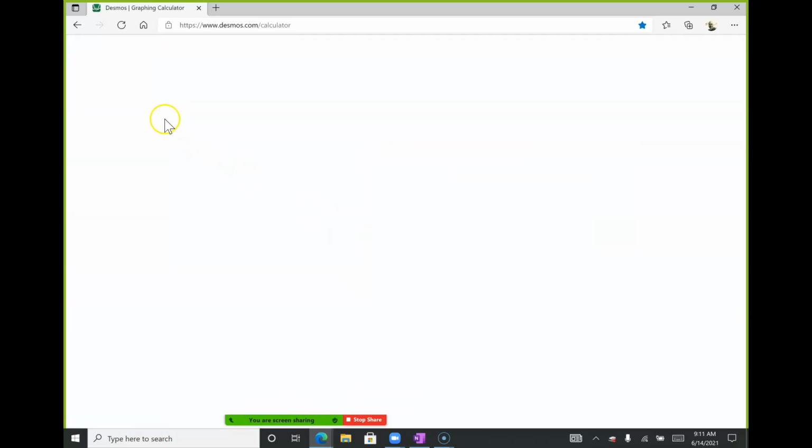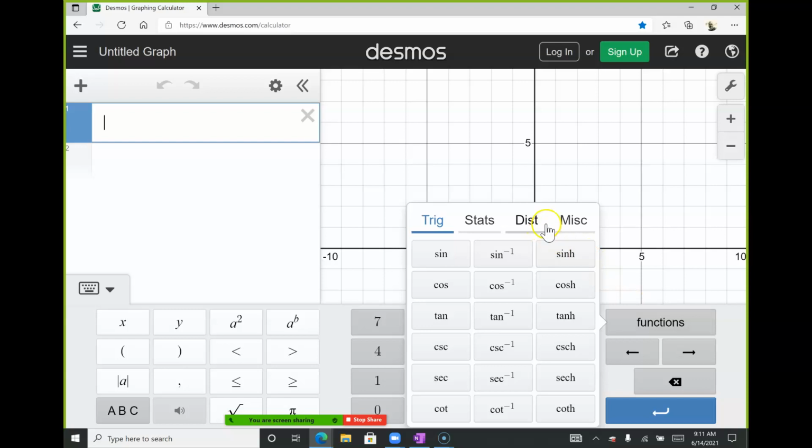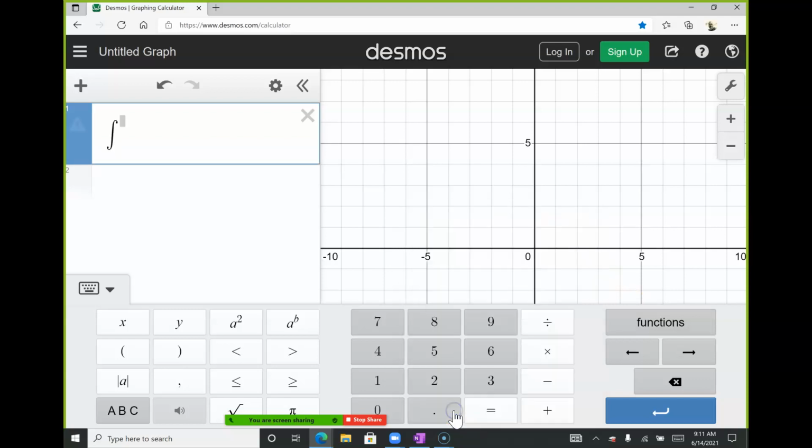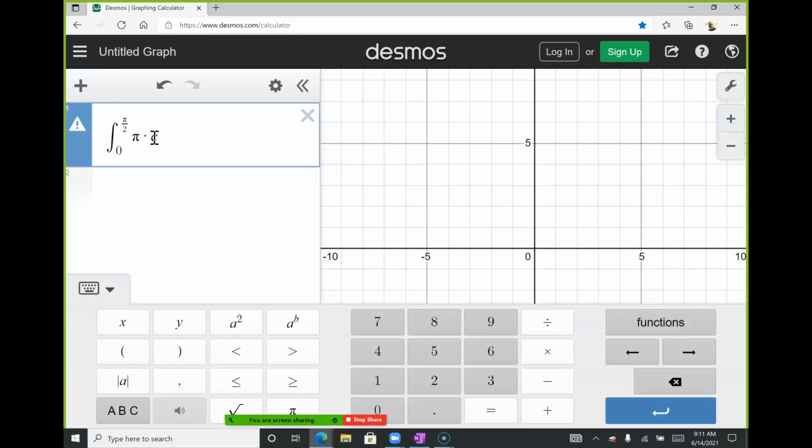But I'm just going to do it on Desmos. It's so much quicker. So I go to functions, miscellaneous, integral from 0, not O, 0, to pi divided by 2 of pi times cosine squared dx.